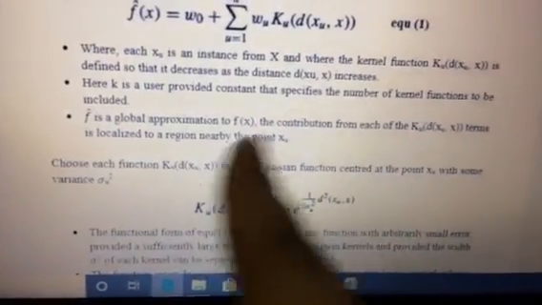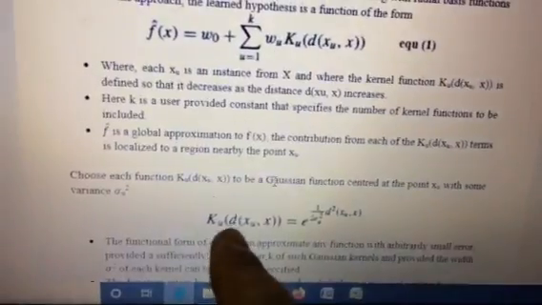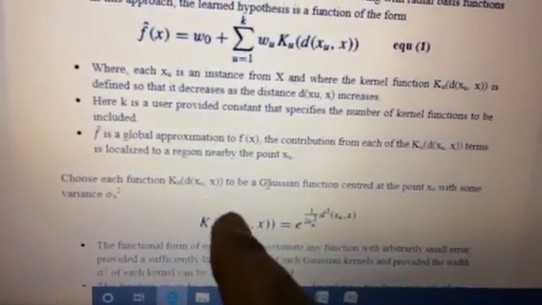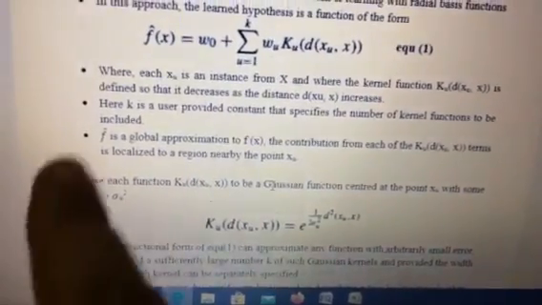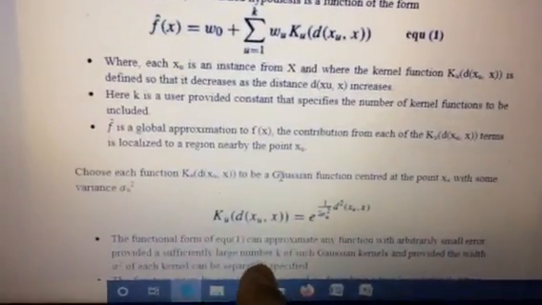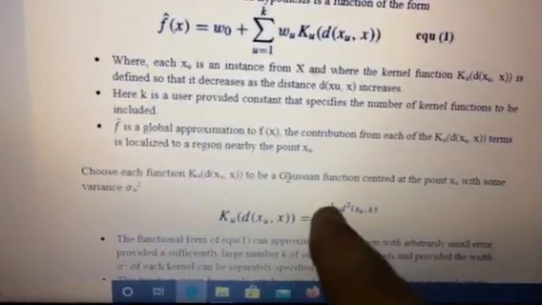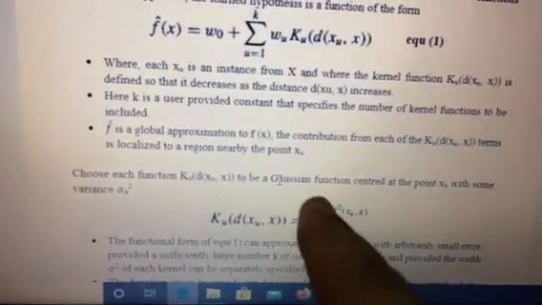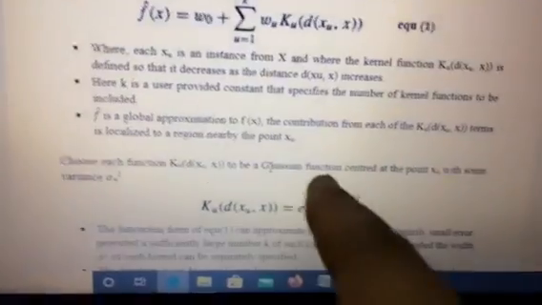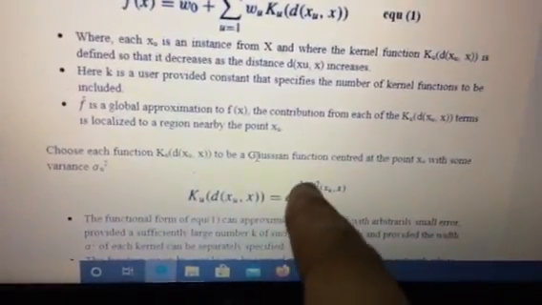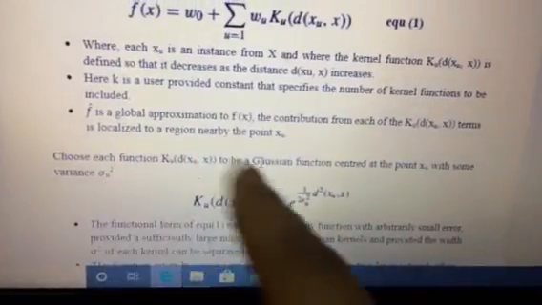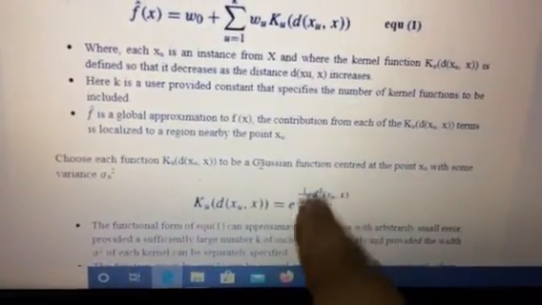The kernel function is given by this formula, where d indicates the Euclidean distance. For that Euclidean distance you apply the kernel function. The kernel function is based on the Gaussian function, where it considers all the data points, so it is a global approximation. Here the variance delta u is being considered.